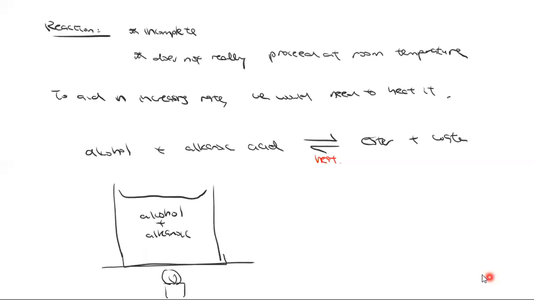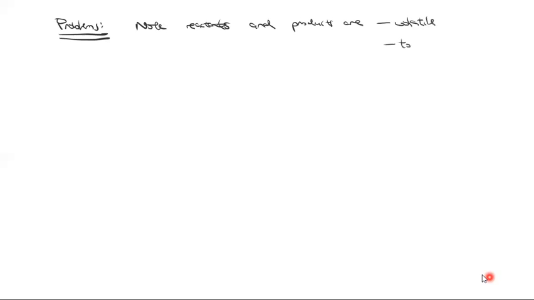There are a few concerns. You've already listed some. So if we proceed with it that way, what problems may we come across? Firstly, we note that the reactants and products are volatile. They're both volatile and potentially toxic.